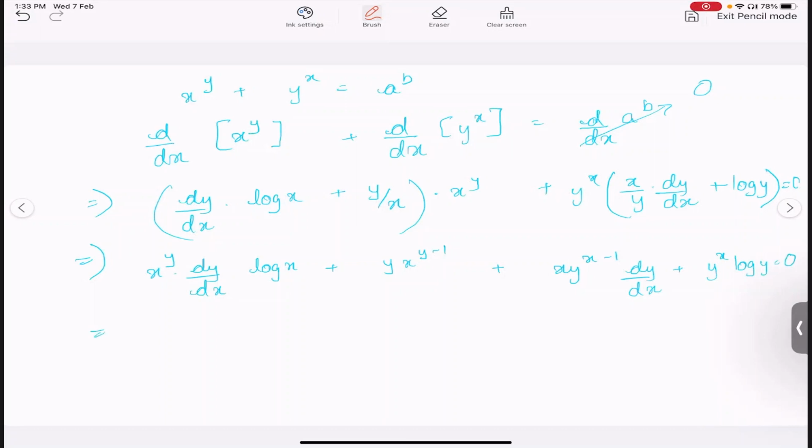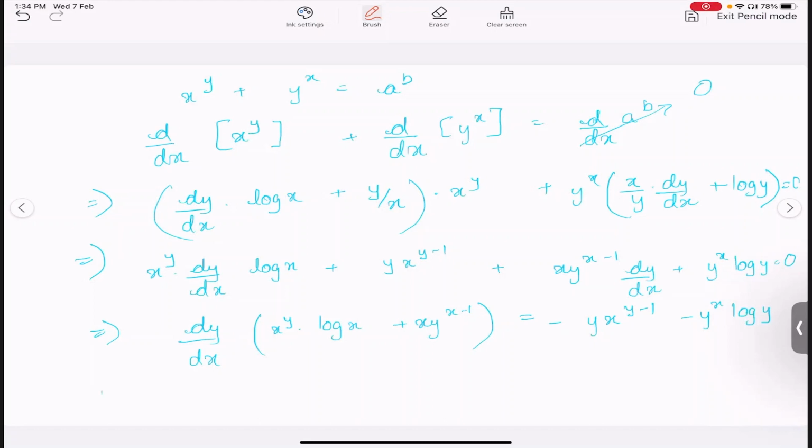Now we'll take dy by dx common in the terms, x to the power y times log of x, and here it is plus x times y to the power x minus y minus x minus 1 will be equal to y x to the power minus 1 minus x to the power x log of y.